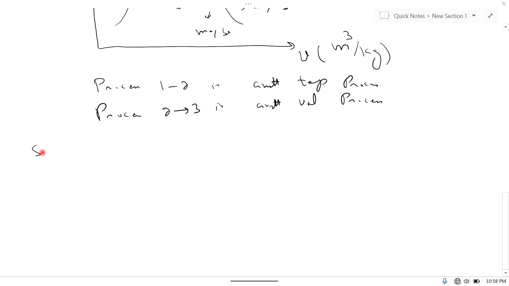Now we start the solution. In the solution, first we will have to find X1, and then we will find the heat transfer from 1 to 3 for the whole process, for the two processes.